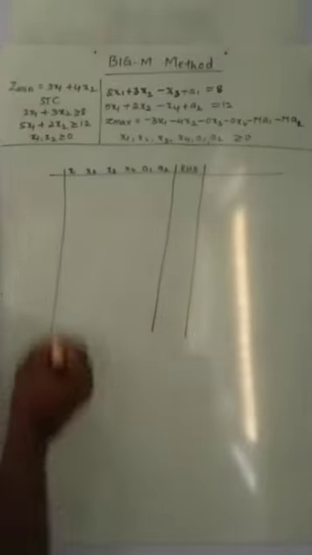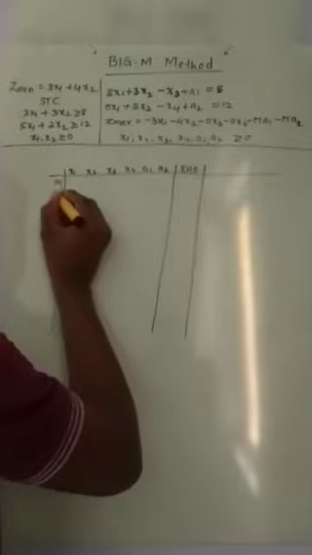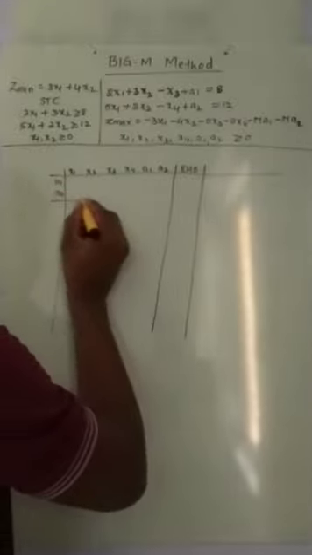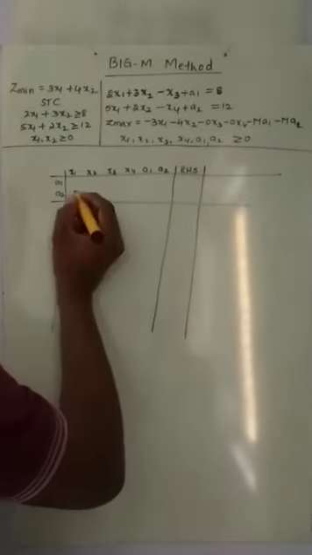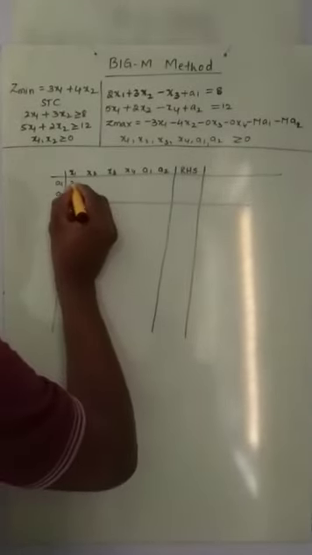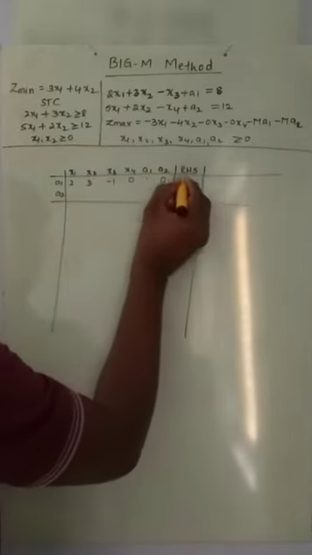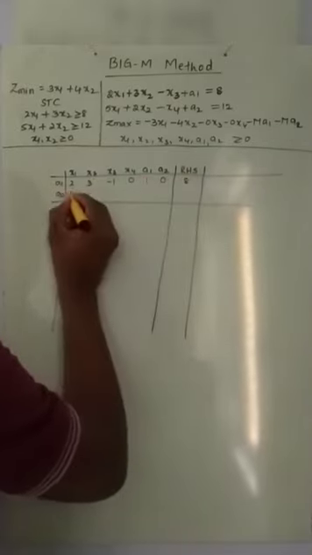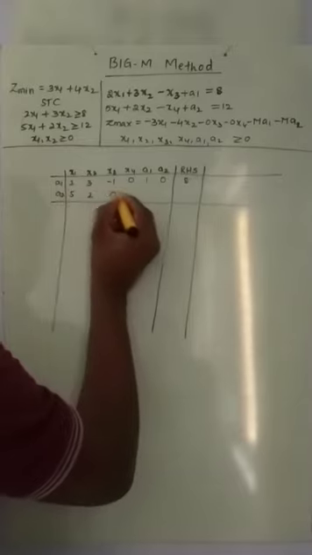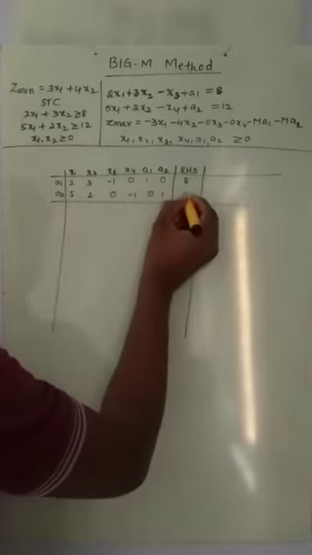Now you make a1 and a2 the basic variables. So now write all the values inside the table. The first constraint values are 2, 3, minus 1, 0, 1, 0, 8. And in this case 5, 2, 0, minus 1, 0, 1, 12.